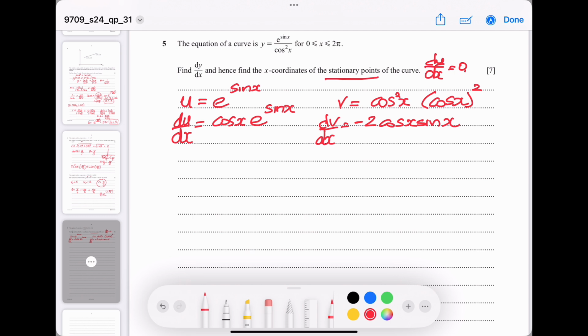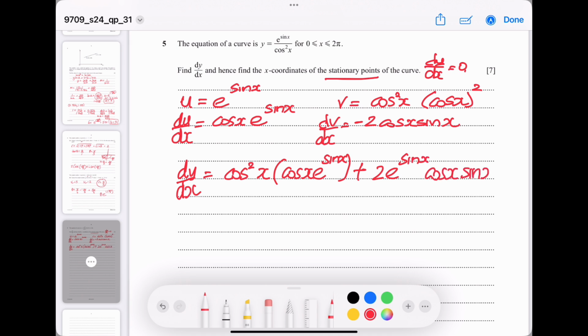So let's use our quotient rule. So dy dx is cos squared x cos x e to the sine x minus, but we're taking away a negative, therefore I can change this to a plus, 2 e to the sine x cos x sine x.